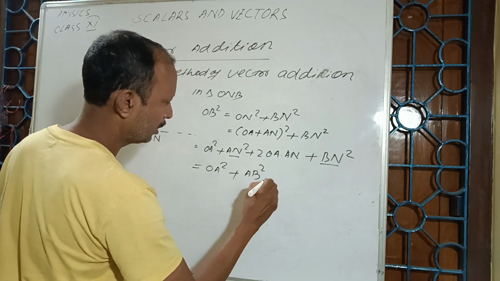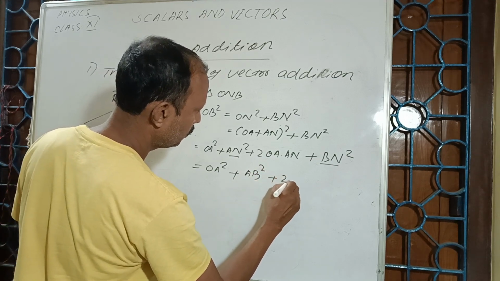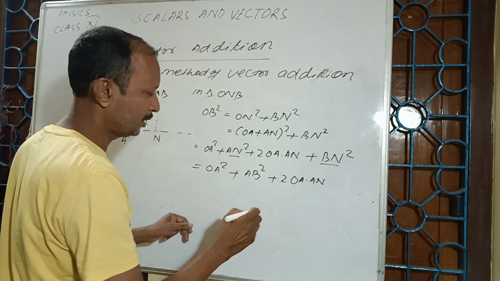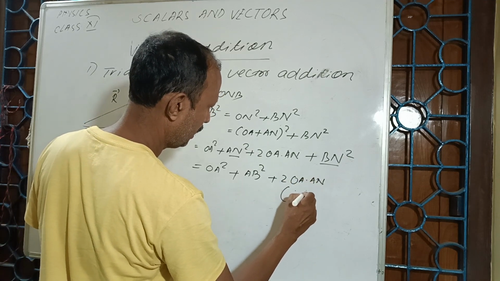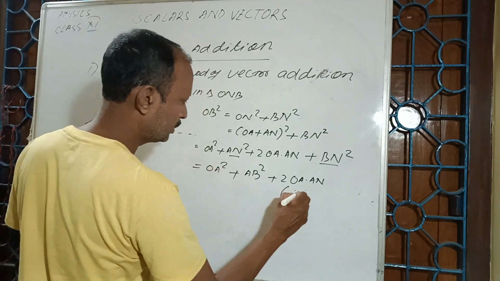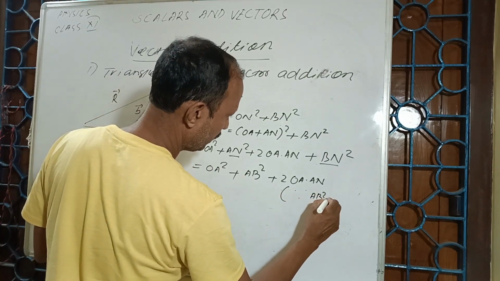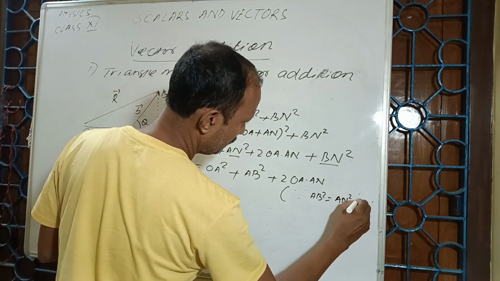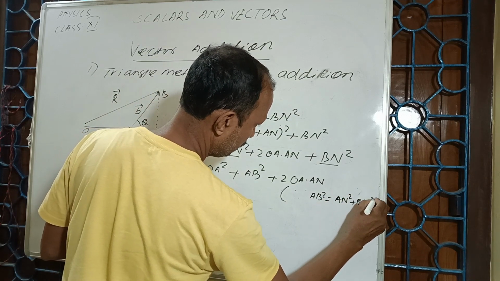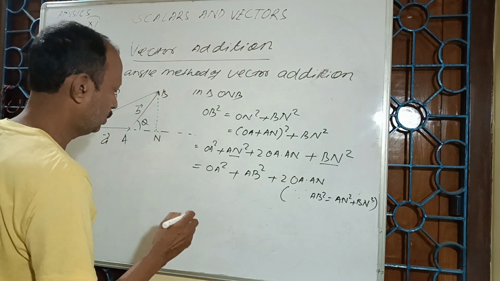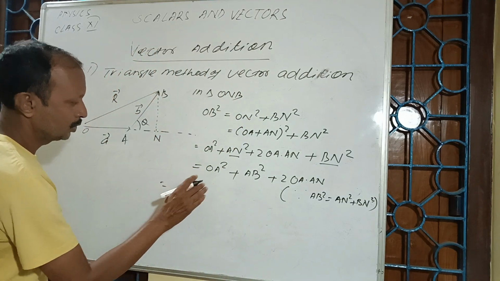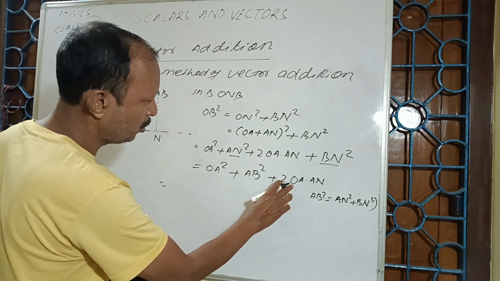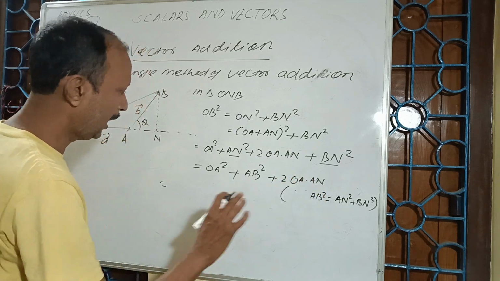AB square plus 2OA into AN. So this is OA square plus AB square plus 2OA into AN.